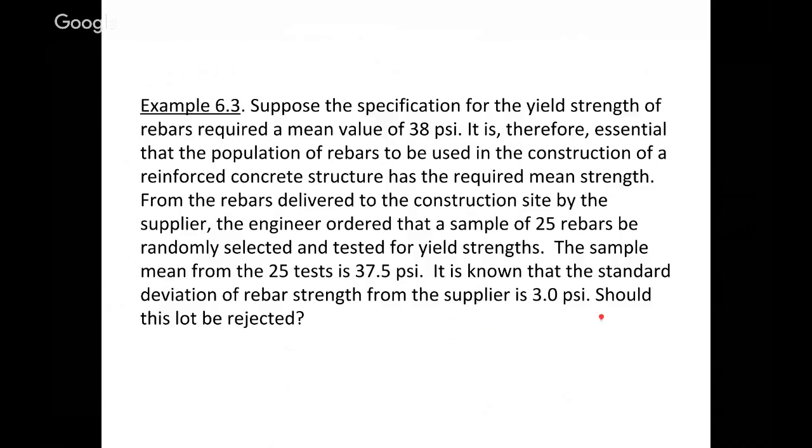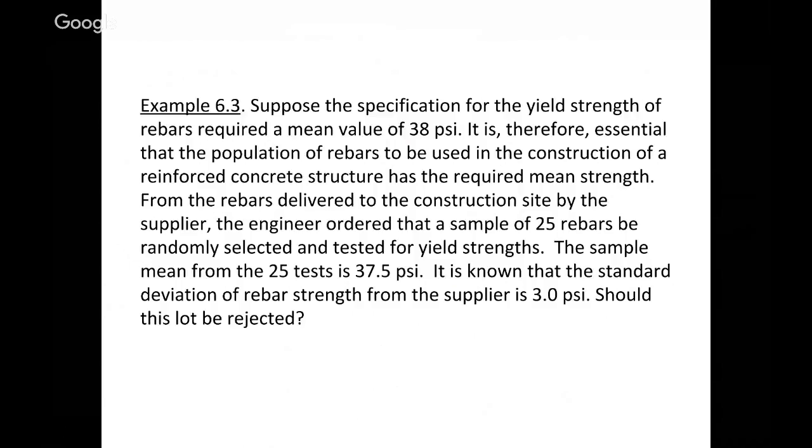Now, that's a very interesting question, because before taking this class, you probably would have said, yeah, obviously, the required value is 38, and we got 37.5, so that means that the rebars are not up to snuff and they should be rejected. But the thing is, having taken stats, we now understand that when we take that mean of the yield strength for the 25 rebars, in fact, that's a random variable.